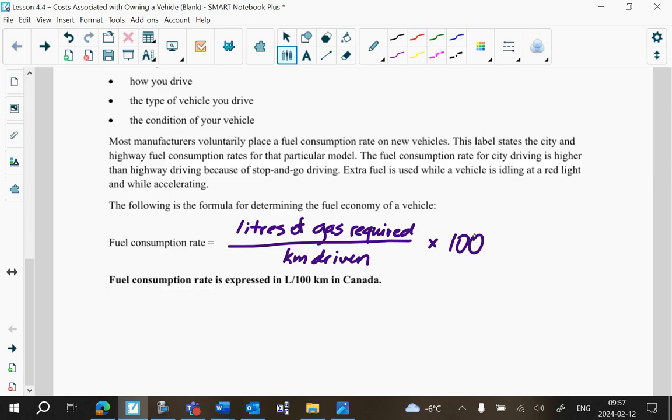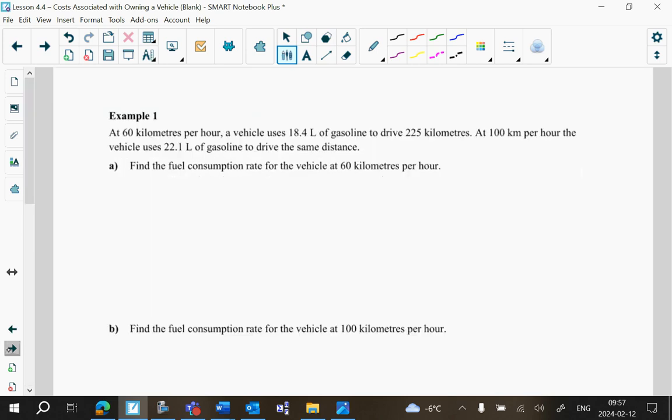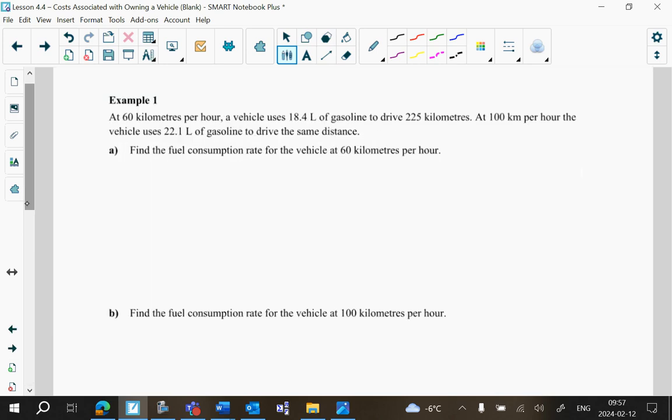So that's, like I said, you'll likely be given that formula, and even if you're not given that formula, we can put it on a reference sheet to help you prepare. So, fairly basic calculations involving calculating fuel consumption rate.